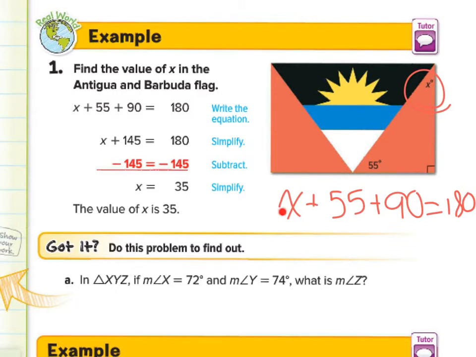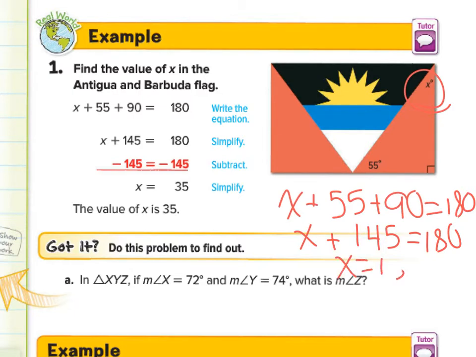So we solve for x. Let's collect like terms. We add these two up and we get 145, I'm sorry, 145, and it's still plus x equals 180. And then we have to isolate the x and invert the operation.